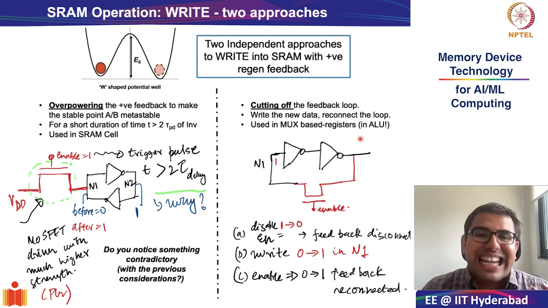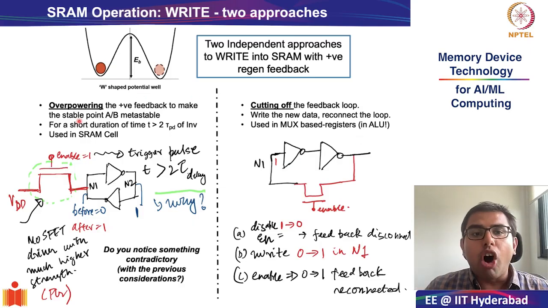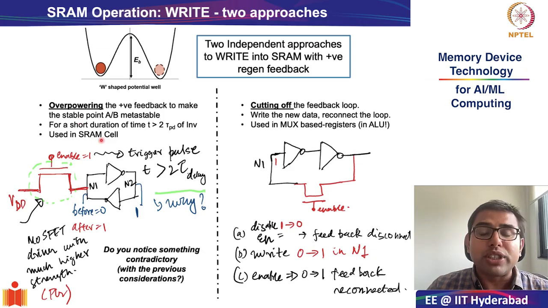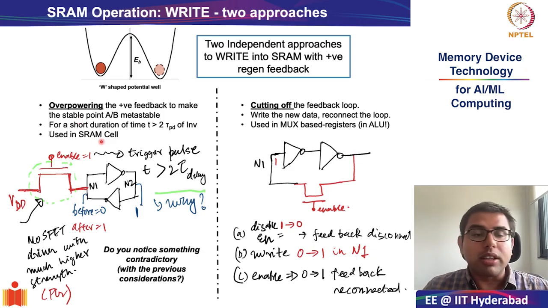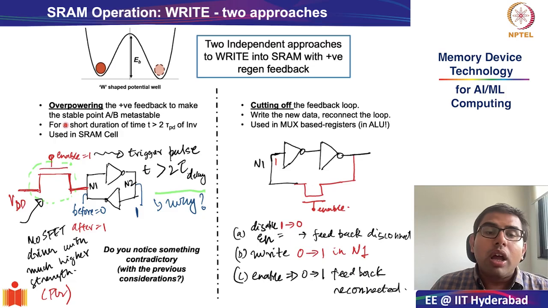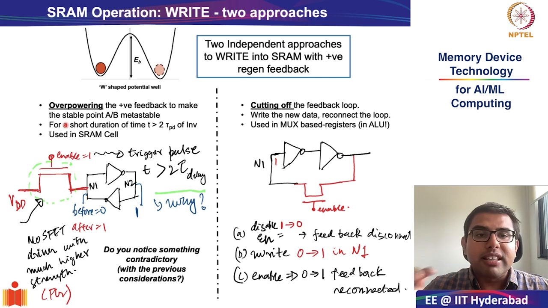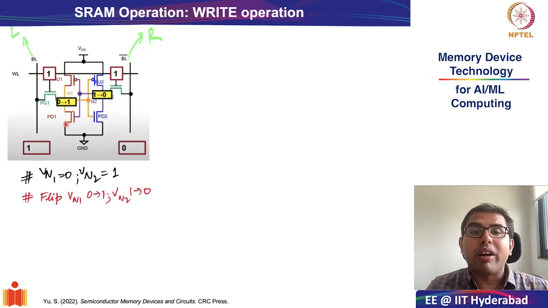So both these techniques are used to write into SRAM cells. But since we are focusing on SRAM cells for memory design, not really for MUX-based registers, we will focus on the first technique, which was using an overpowering signal by having a very strong pass gate transistor. So with this in mind, let us start looking very carefully at our write operation.